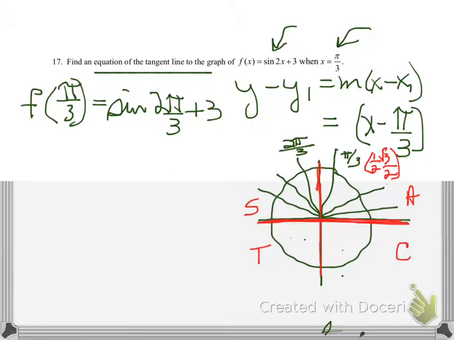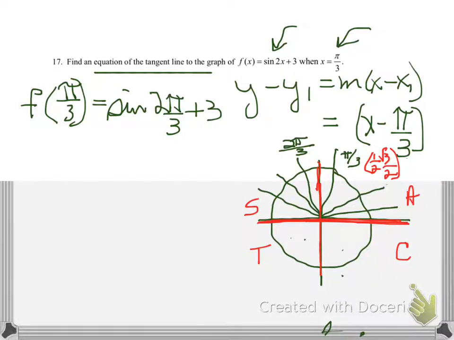Okay, I cleaned this up a little bit for us. So I can see that 2 pi over 3 is in the second quadrant. So sine of 2 pi over 3, the second quadrant, that's where sine is positive.